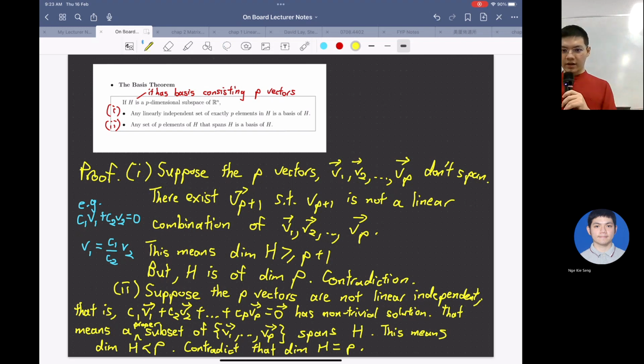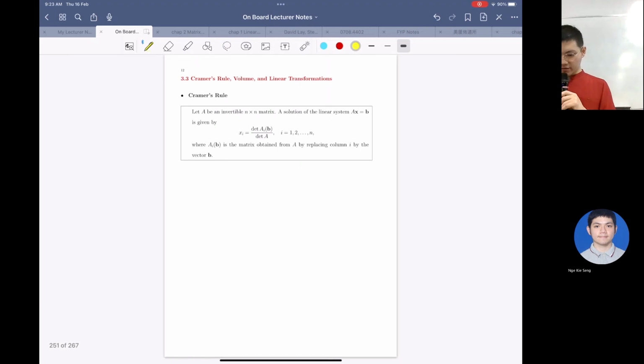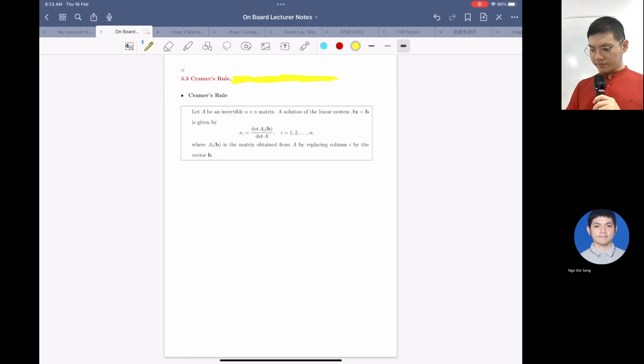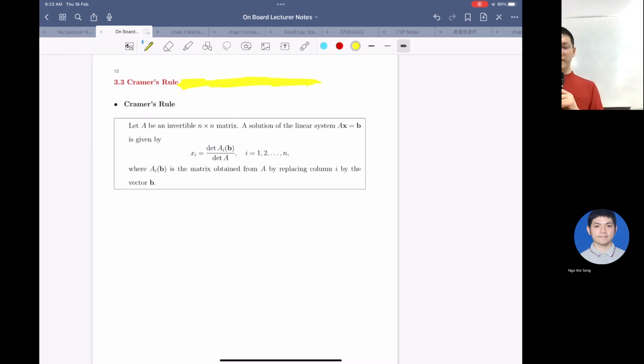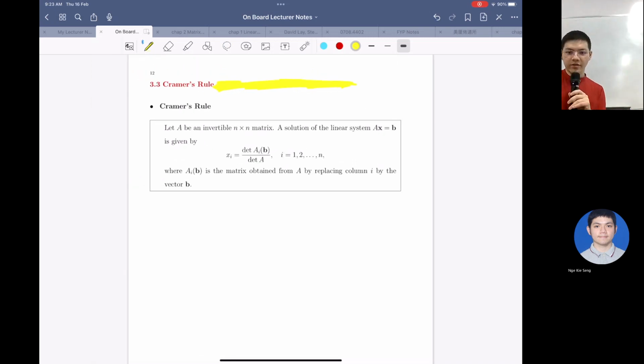So next, let's go to today's content. Today we will deal with only Cramer's rule, but not volume and the rest. If you are interested in the determinant being an area, you can go and watch the 3Blue1Brown YouTuber.